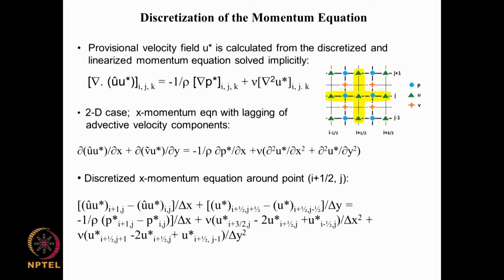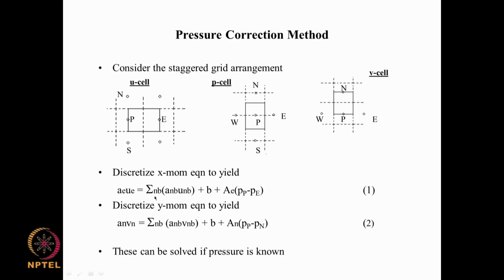These are denoted as NB, meaning neighboring points. So, the velocity component at the neighboring points comes together with coefficients, some of which are like the kinematic viscosity, and some of them are the V and U components from the previous iteration value. So these are the coefficients.